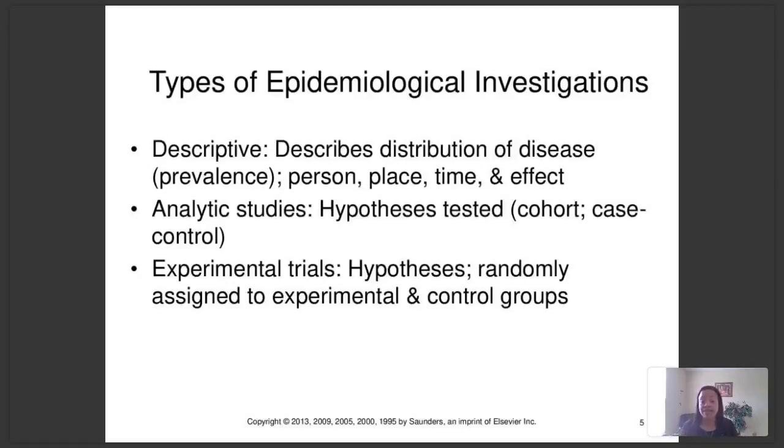You are testing hypotheses similar to what we talked about with the case control and the cohort studies. But the biggest difference between those other analytic studies and the experimental studies is how you randomly assign people within groups. Okay, so I won't know as an individual.